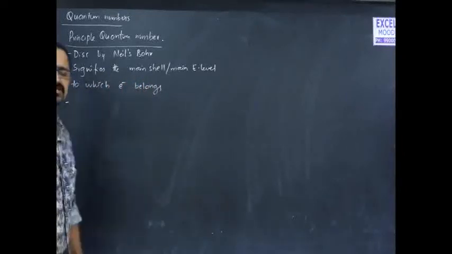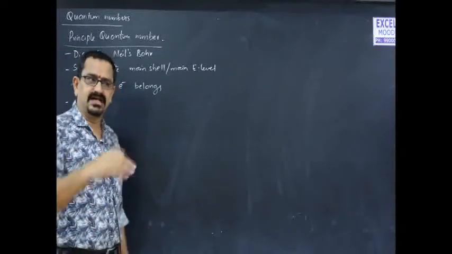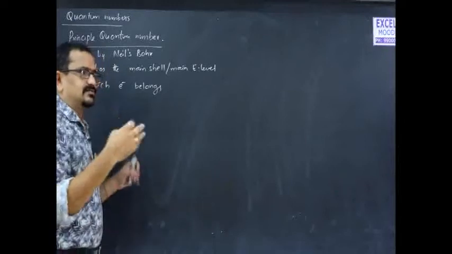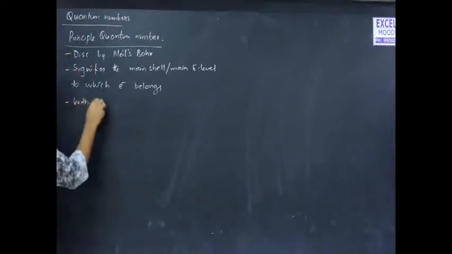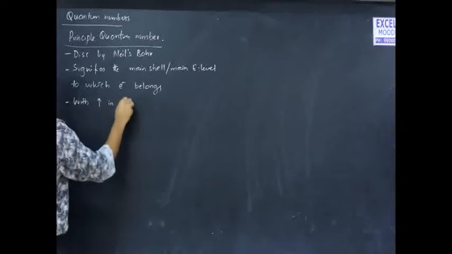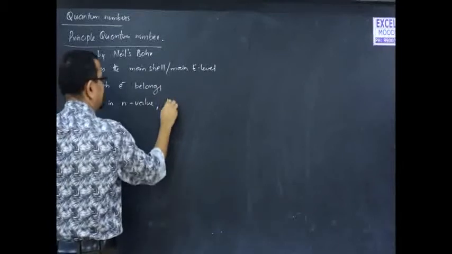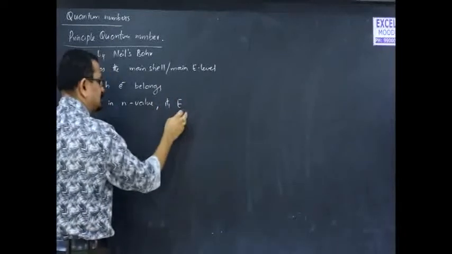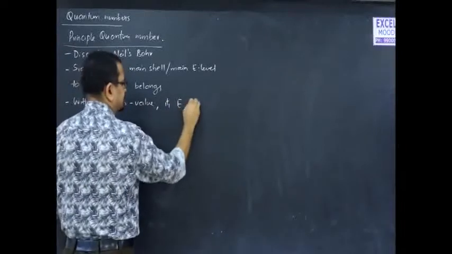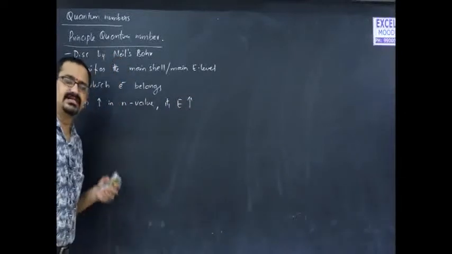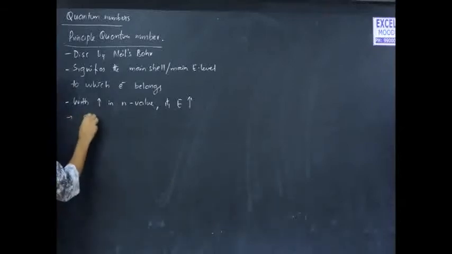A shell is nothing but all possible atomic orbitals at a given distance. With increase in n value, the energy associated with that shell also increases, and the size also increases.